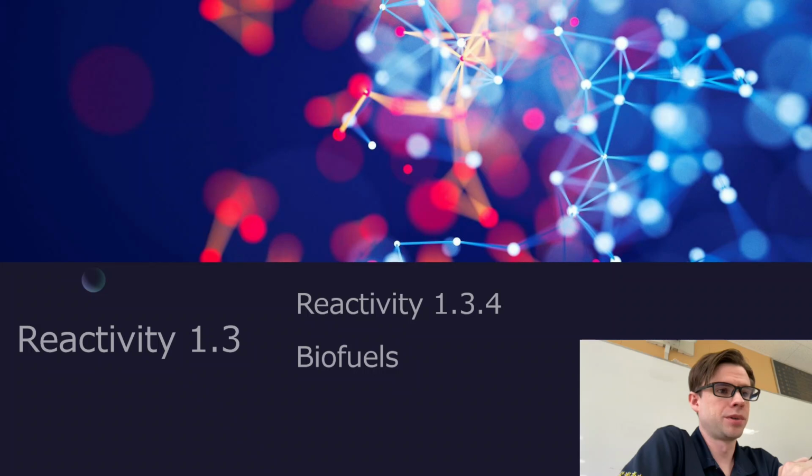So I've already talked a little bit in my previous videos about biofuels, actually. When we talked about combusting alcohols such as ethanol, those can be made from organisms that do photosynthesis, and we can take the glucose that they make and ferment it into CO2 and ethanol, which we can then combust.